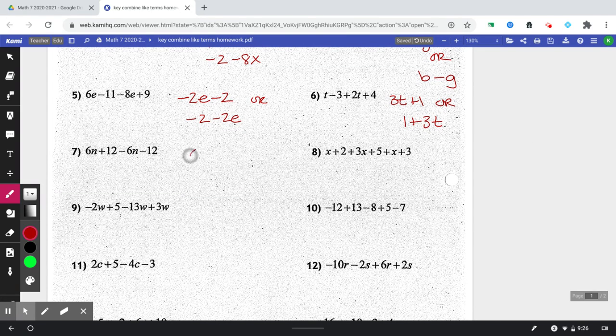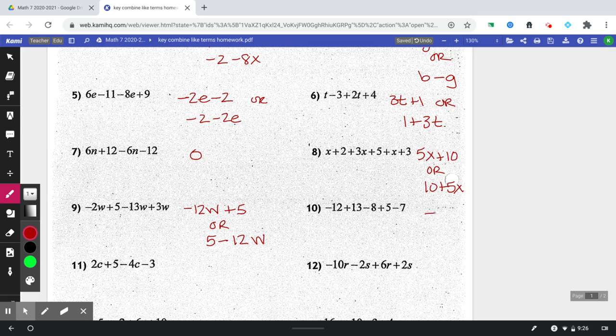Number seven is 0. Number 8, 5x plus 10, or 10 plus 5x. Number 9, negative 12w plus 5, or 5 minus 12w.